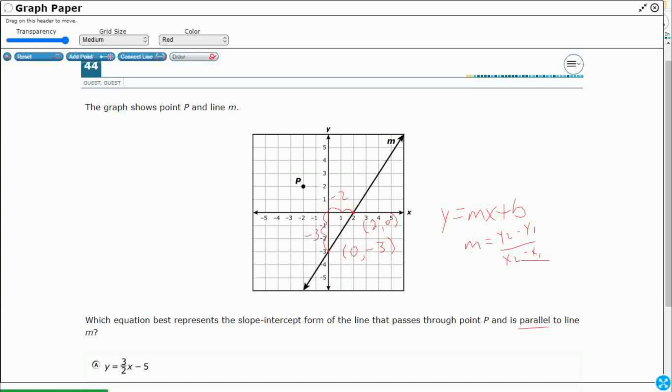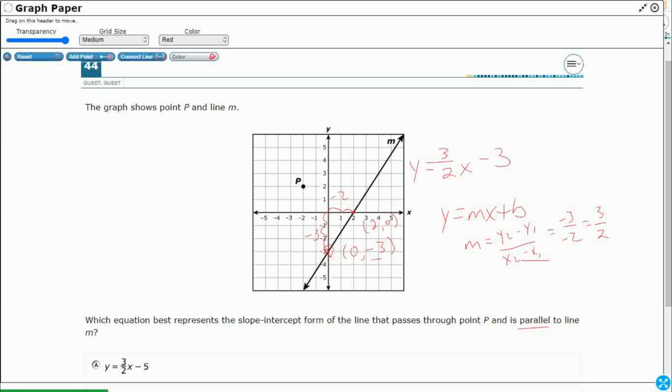It's a change in y, so it's going to be minus 3 over minus 2, which ends up being positive 3/2. So that's my slope. I could substitute values to find the y-intercept, but they give it to us right here. It's negative 3. So this whole line looks like it's going to be y equals 3/2 x, and my y-intercept, that b, is minus 3.